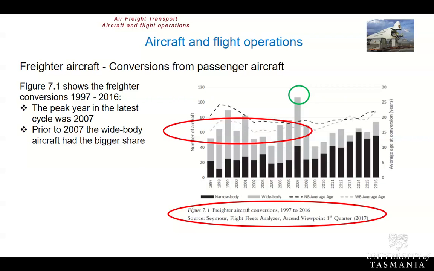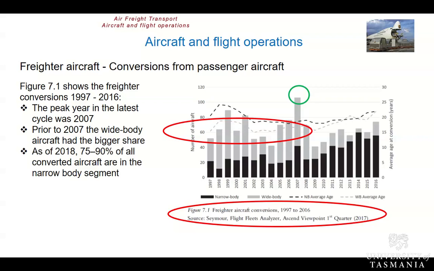In 2007, when the volumes were significantly high, conversions of passenger aircraft were strongly orientated to wide body: greater capacity, higher potential payload. However, as of 2018, 75 to 90% of all conversions are in the narrow body segment that you can see there.